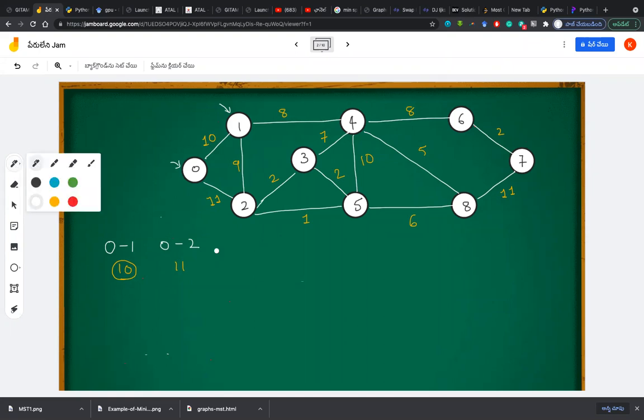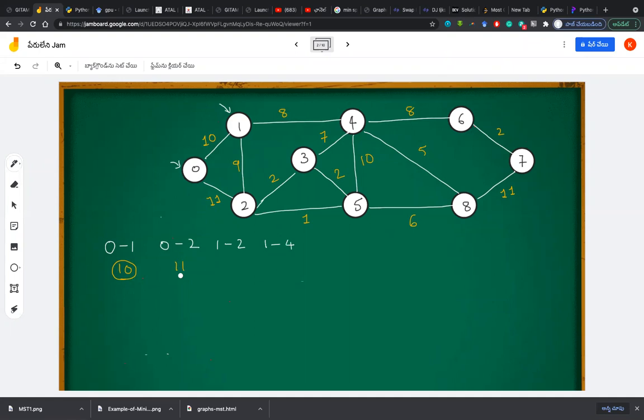Now tell me. 1 to 2 and 1 to 4. These are the only things that are connected.